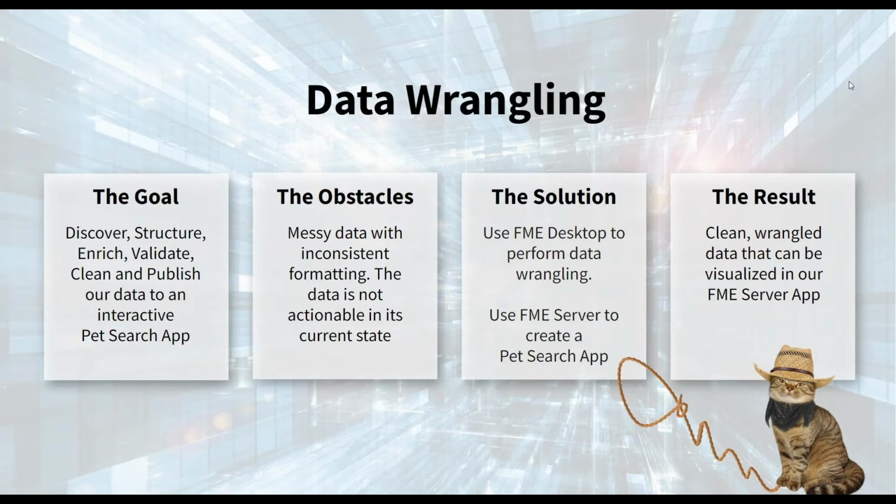So our solution is to use FME Desktop to perform that data wrangling, clean up our data, structure it, enrich it, validate it, and then we're finally going to use FME Server to publish our data and create that pet search app. Our result is going to be that clean wrangled data that we can also visualize in our FME Server app, or even in other ways, such as an HTML report, or maybe in a business intelligence platform. It's up to you.